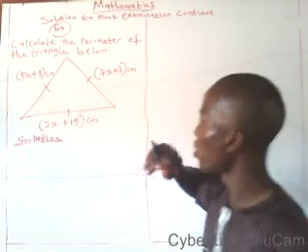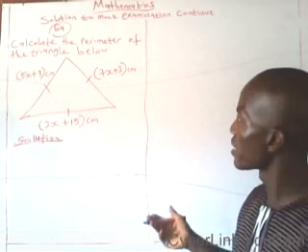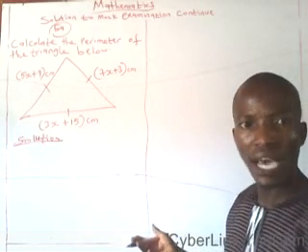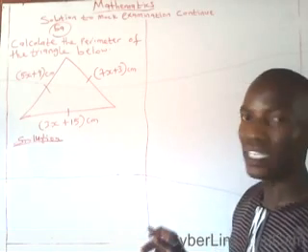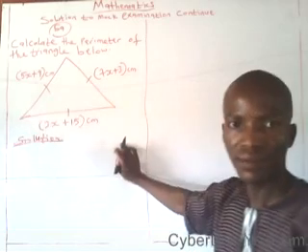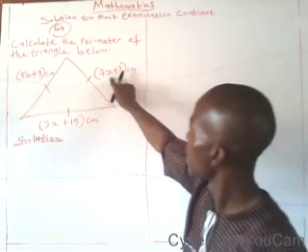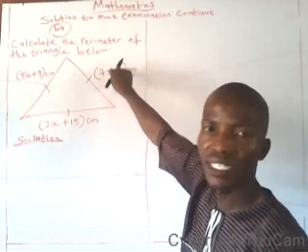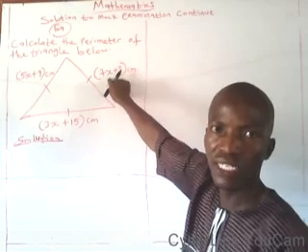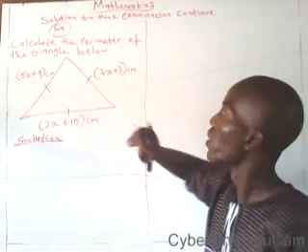But the values given to us here show as if the sides are not equal, because there is something missing, and that is X. We need to first determine the value for X.